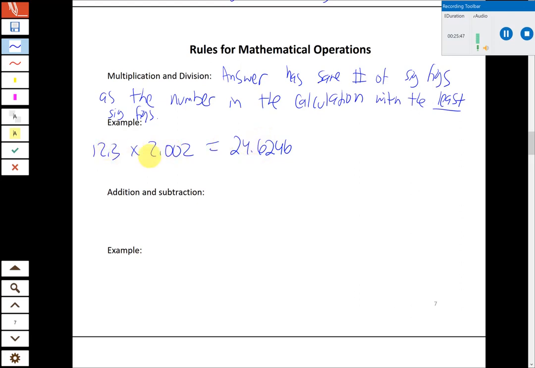So if we look at the two numbers we multiplied to get that result, 12.3 has 3 significant figures, 2.002 has 4. Remember, these captive zeros are significant, so all 4 of these are significant. And so our product should also have 3 significant figures, because that's the least number of significant figures in the two numbers we multiplied. So we're going to have to round this to 3 significant figures. So it's just the first 3, 24.6 would be the way we would report the answer, to 3 significant figures.